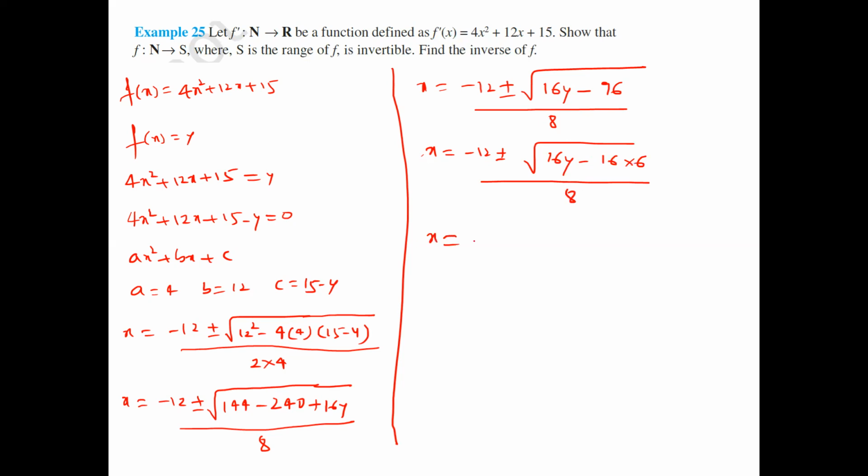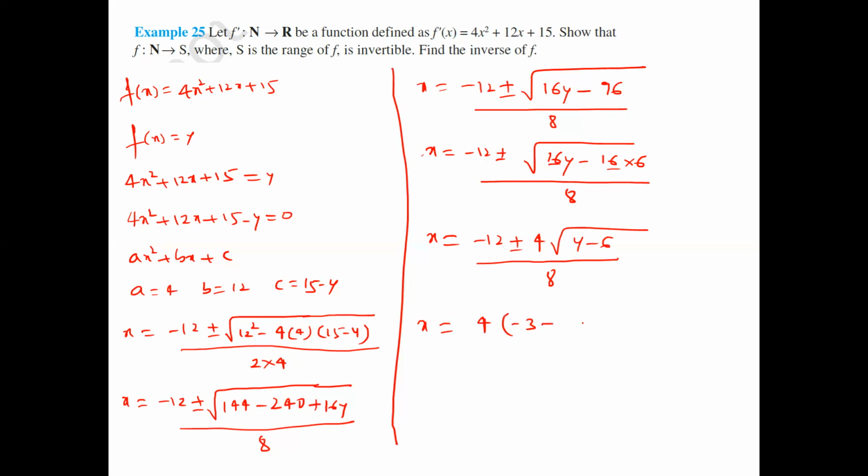Here x equal to minus 12 plus or minus root of, here we can take 16 common. If you take 16 common here, what is the root of 16? It comes out as 4. So what about here? y minus 6, divided by 8. Now x equal to minus 12, here also take 4 common.